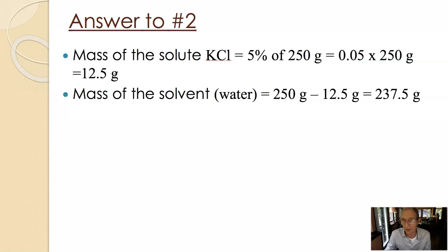There are only the two compounds making up the solution, so if this is the mass of the solute, the rest has to be the mass of the water. Just subtract the two and you get 237.5 grams. The other way you could do it, of course, is that the solution is 95% water. 95% of 250 grams is 237.5 grams.